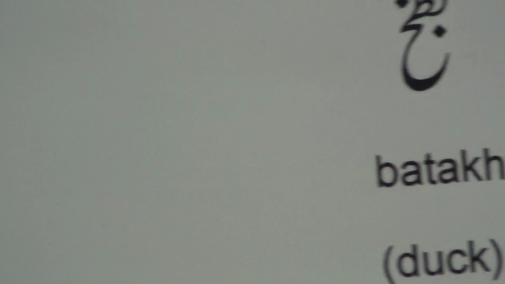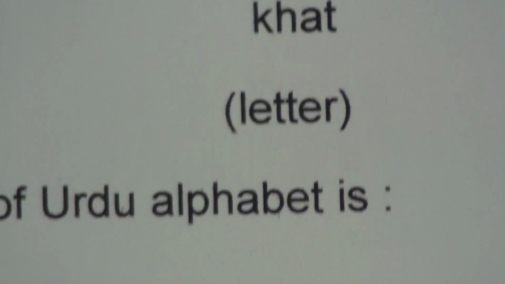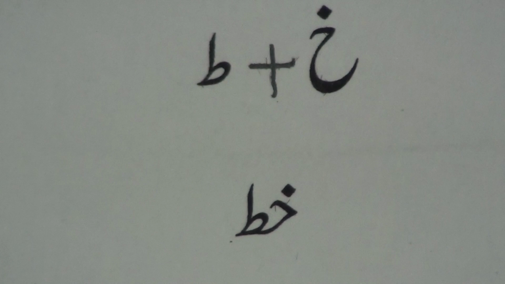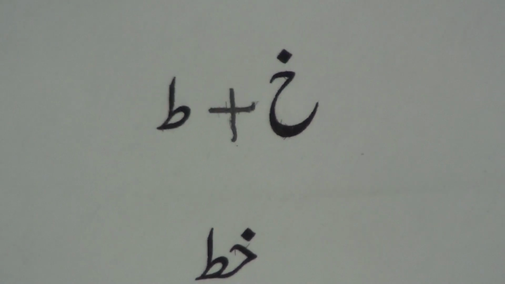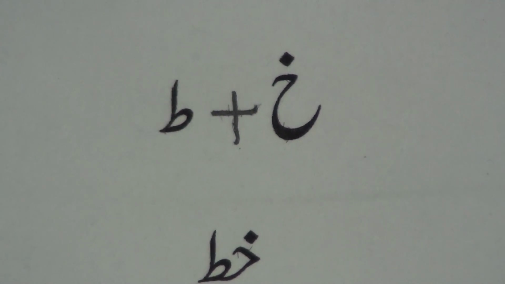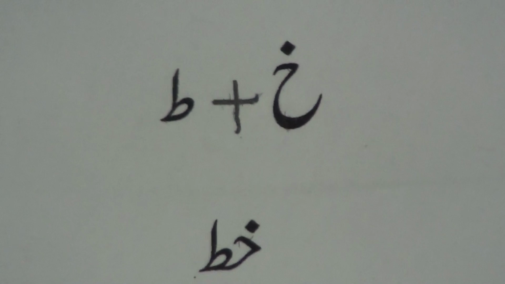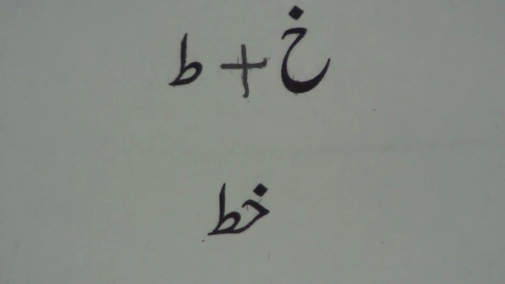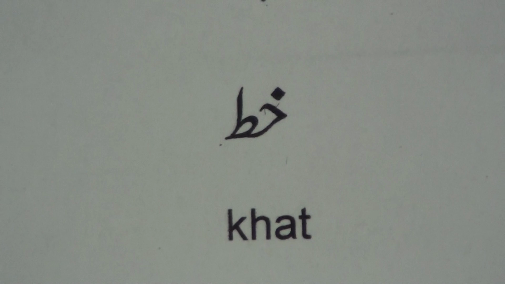Now, let's take another word. Khe zabar kha, and toy, khat. It is written this way, khat.